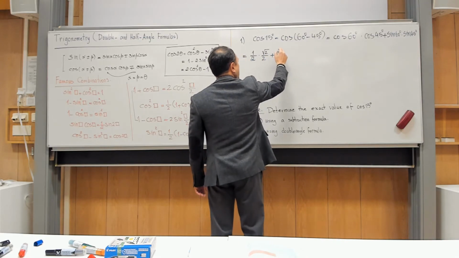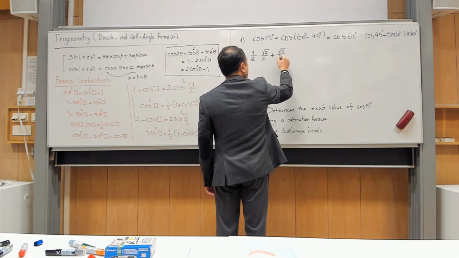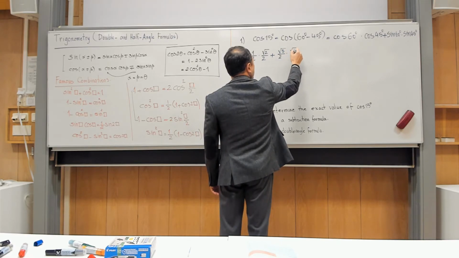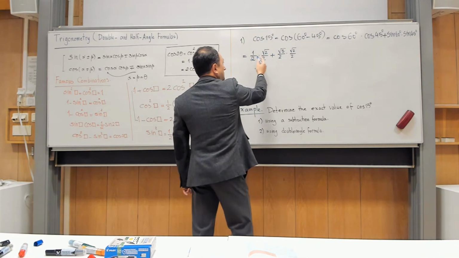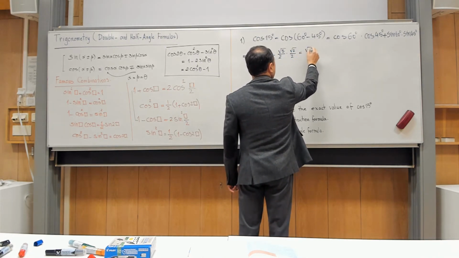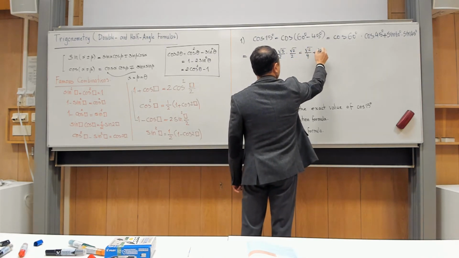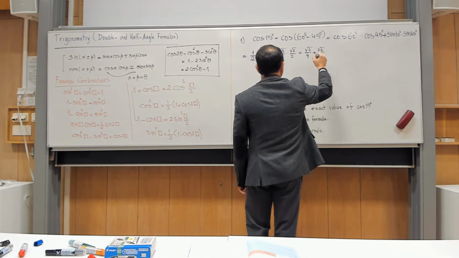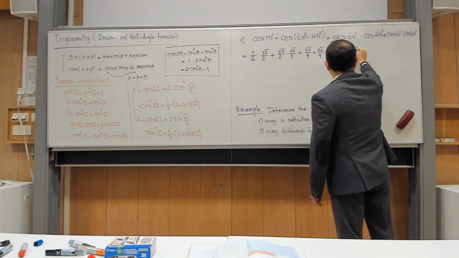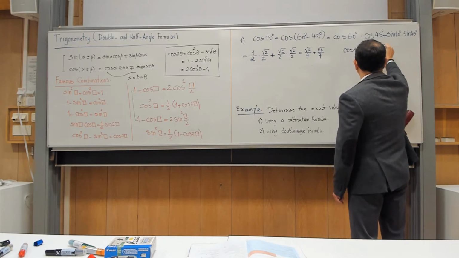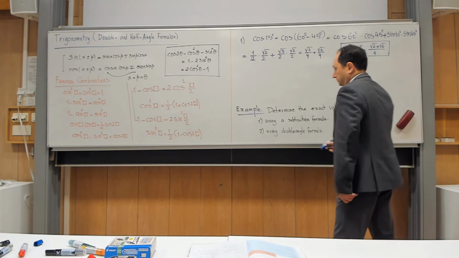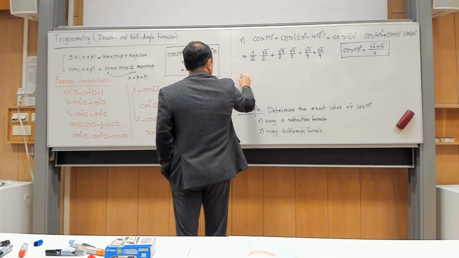Sine of 60 degrees is the square root of 3 over 2, and then the square root of 2 over 2. And then this becomes square root of 2 divided by 4 plus square root of 6 divided by 4. So the exact value we get from this formula is square root of 2 plus square root of 6, divided by 4. That's the exact value for cosine of 15 degrees.